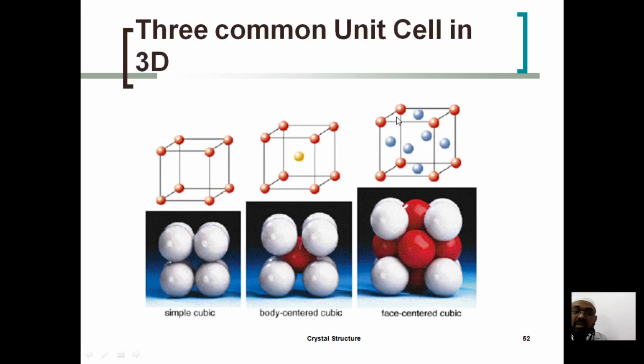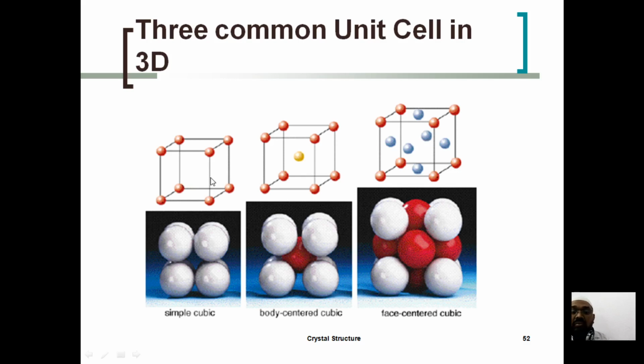So how many common unit cells will you find in cubic crystals? Whenever we talk about crystal systems, we start with the first crystal system, called the cubic crystal system. In the cubic crystal system, you can arrange 3 types of unit cells such that the environment about each point will be identical.